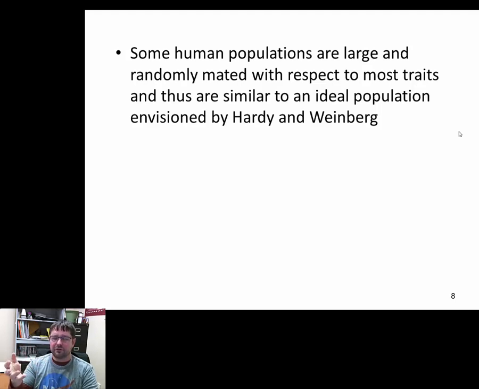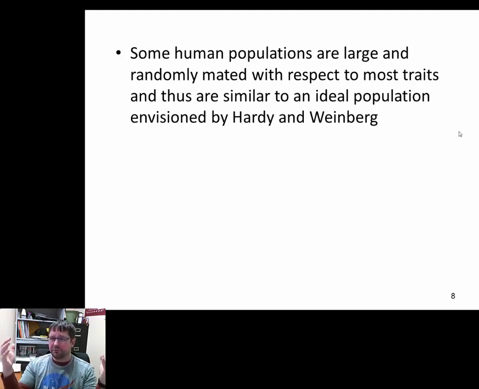The one thing is that human populations don't fit Hardy-Weinberg equilibrium, because we have no control over mutation rate, we typically have no control over immigration and emigration, and natural selection can take place and can be part of human populations.